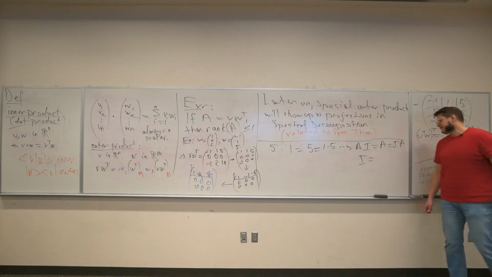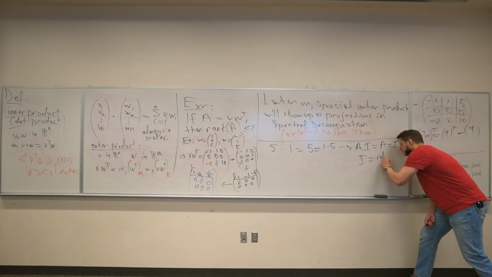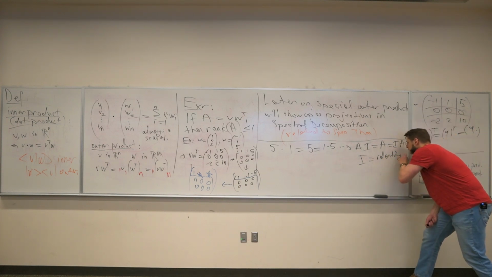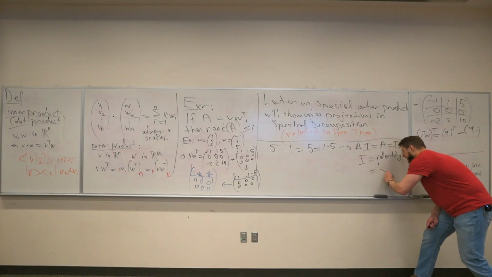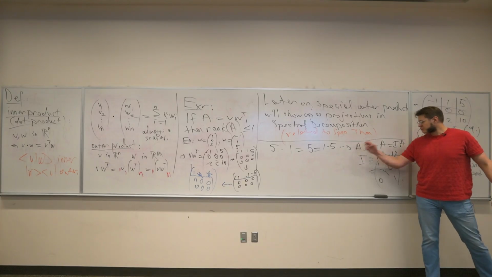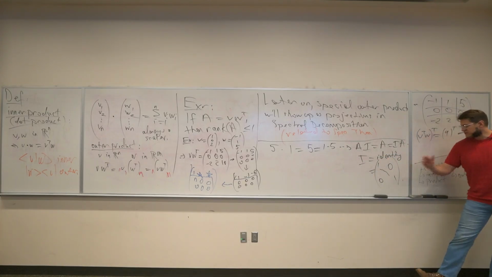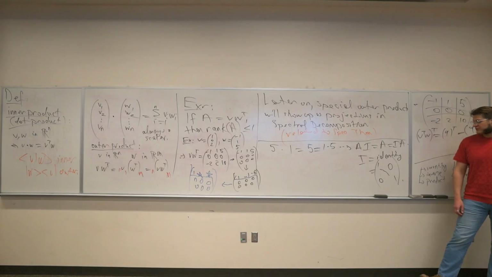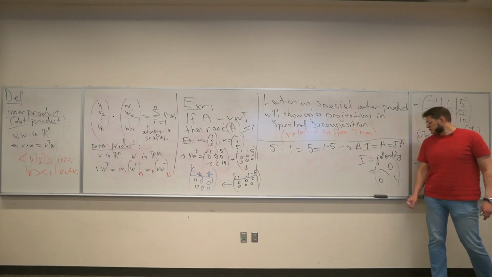And I is going to be the identity matrix, which is the diagonal matrix with 1s on the diagonal and 0 otherwise. It just ends up being the case that if you take a square matrix like this and multiply it against one of these identity matrices, you get back the same thing, just by definition. Okay.